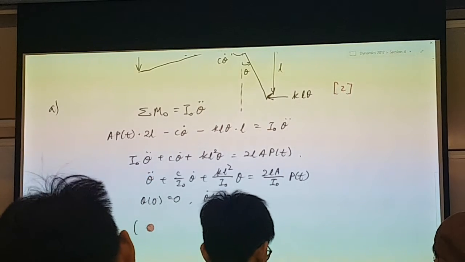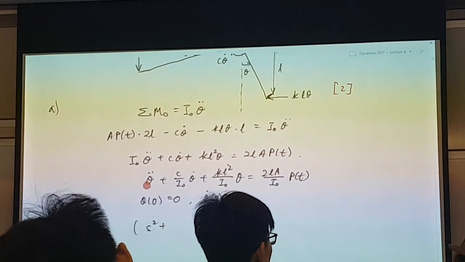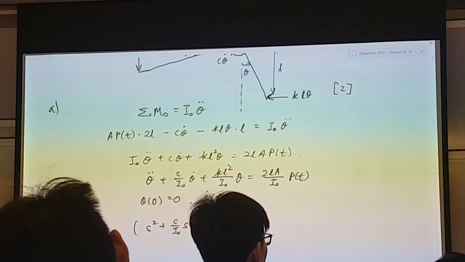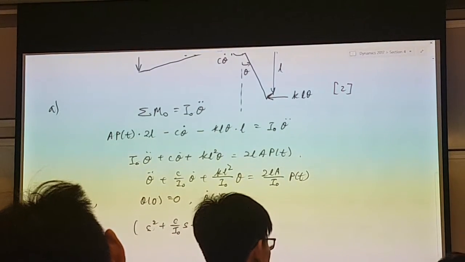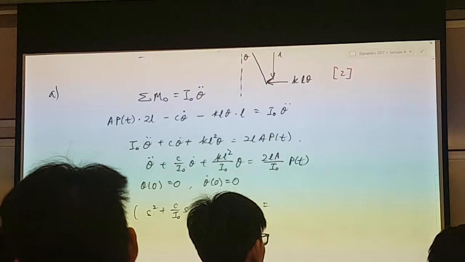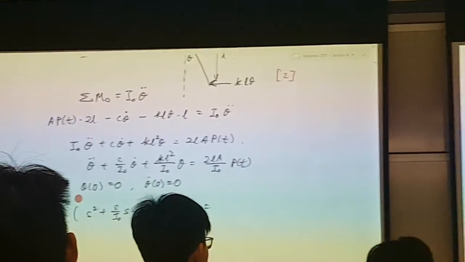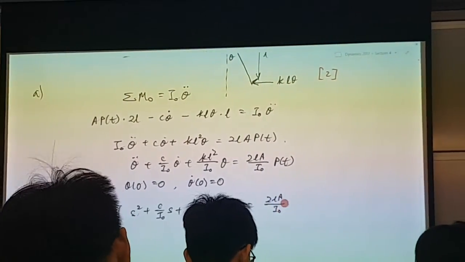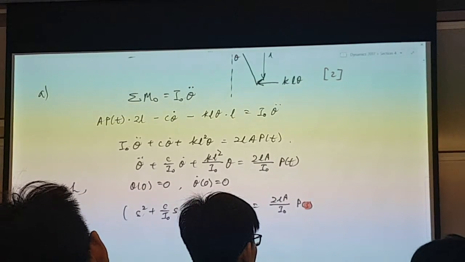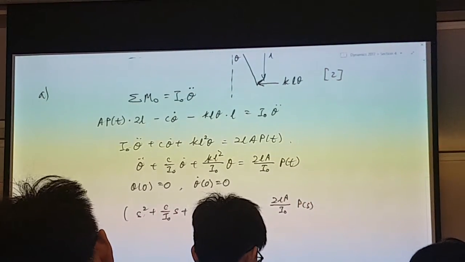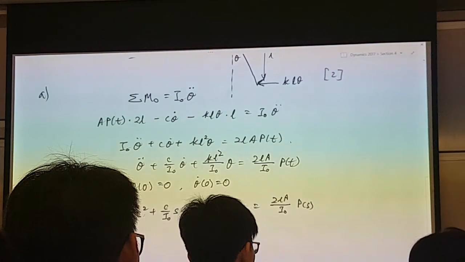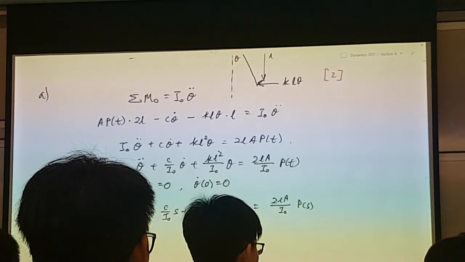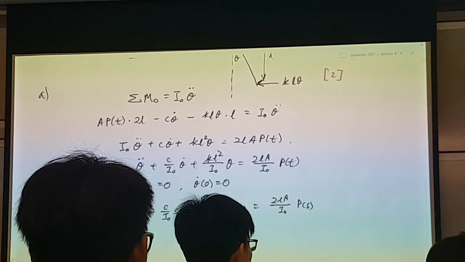Because the initial conditions are 0, I get s squared, this coefficient will stay s, and then that coefficient K L squared over I naught. You can see that it's a very compact form. You can only do this if your initial conditions are 0. So 2L A over I naught, and then E(s). If any of these E(s) or Q(s) has been written as theta(t) or P(t) after you have taken your Laplace, then you lose some marks.